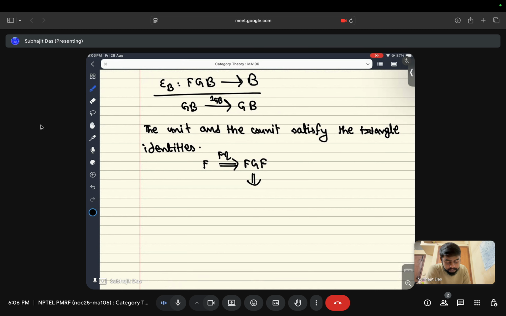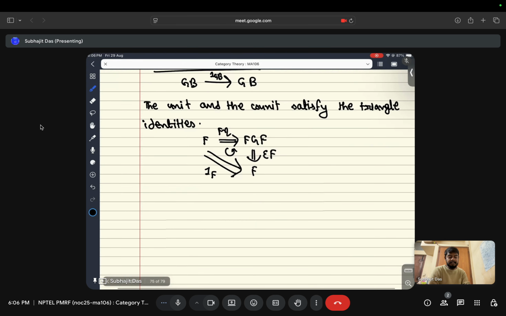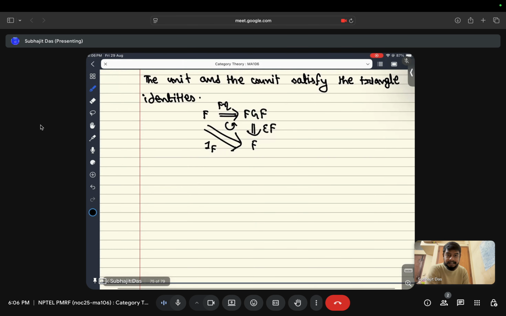And from FGF, if you go to F via the natural transformation epsilon F, since epsilon is from FG to 1B, epsilon F is from FGF to F, then this composition is supposed to be the identity on F. This triangle commutes. This is a commutative diagram in the functor category from A to B. This is the first triangle identity.